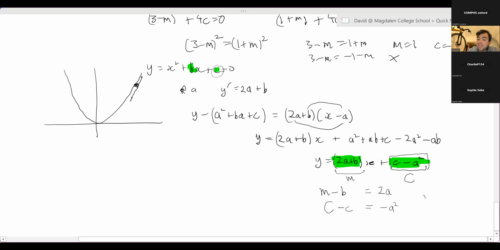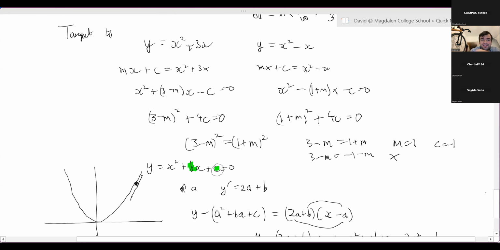So what you've got here is (m minus b) squared, for any tangent, is 4a squared, and that is the same as 4 times (c minus the line's intercept). You get (m minus b) squared plus 4c is equal to 4c.